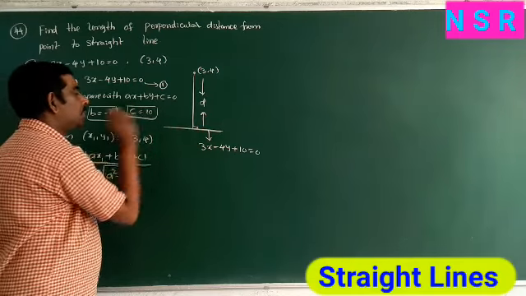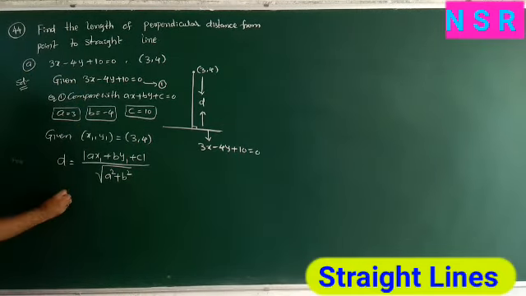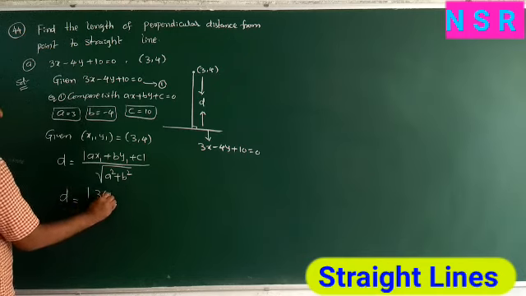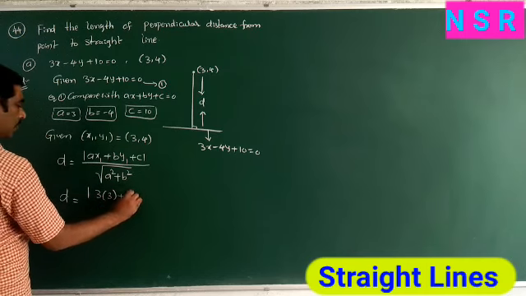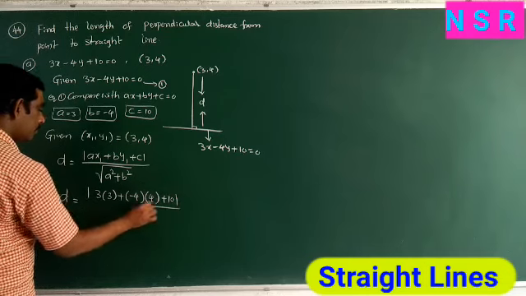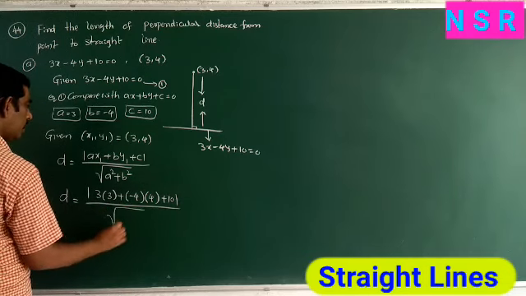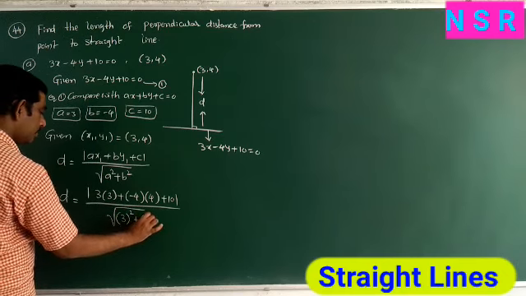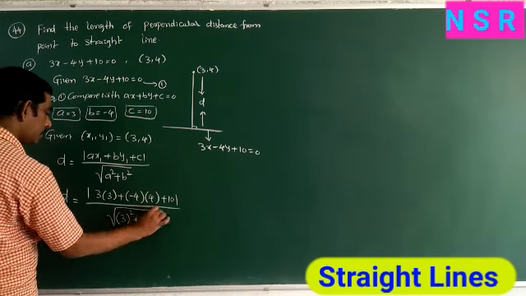Now find d value, substitute the values a, b, c and x1, y1. So 3 into 3 plus -4 into 4 plus 10 by square root of 3 square plus -4 square.